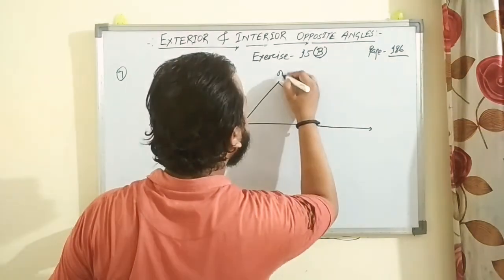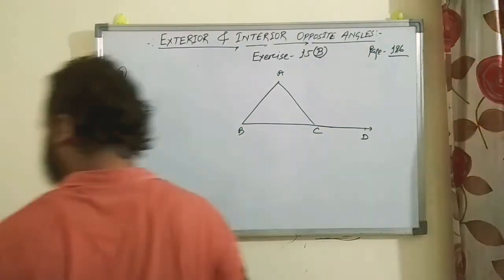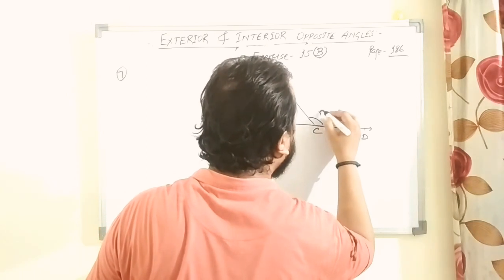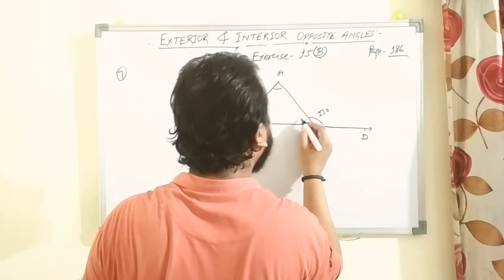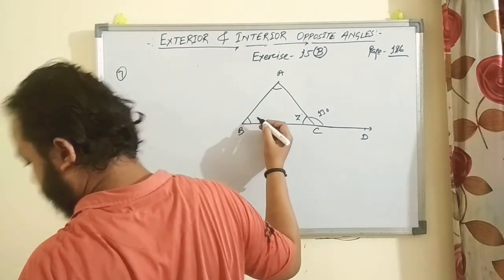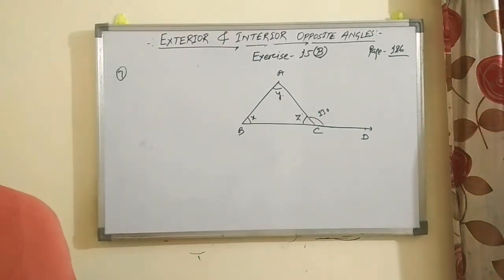Figure is like this. This is A, B, C, and this is extended to D. This angle is given as 130 degrees. Yeah, this is the figure.